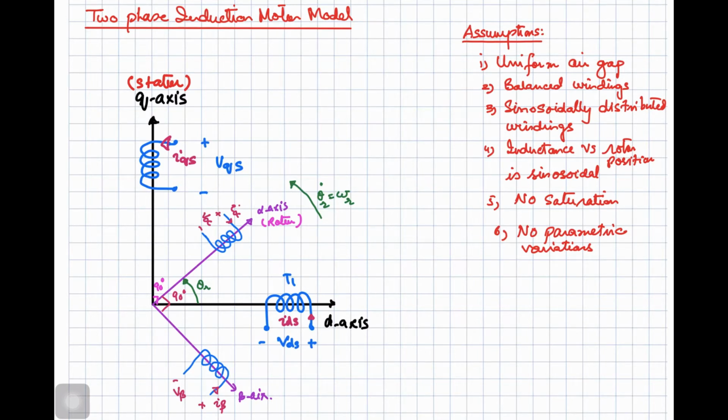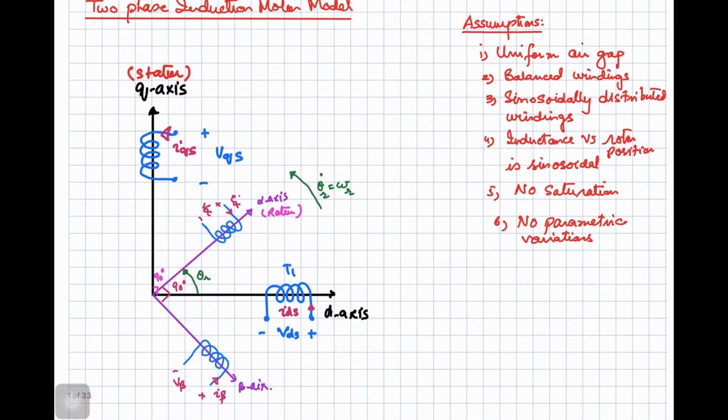So now let's look at the two-phase induction motor model that is shown in front of you. Let's consider that we have D and Q axes. These are of the stator, and let's suppose that we have two windings. One winding is at the D axis, the other winding is at the Q axis. And we have the rotor which is rotating.